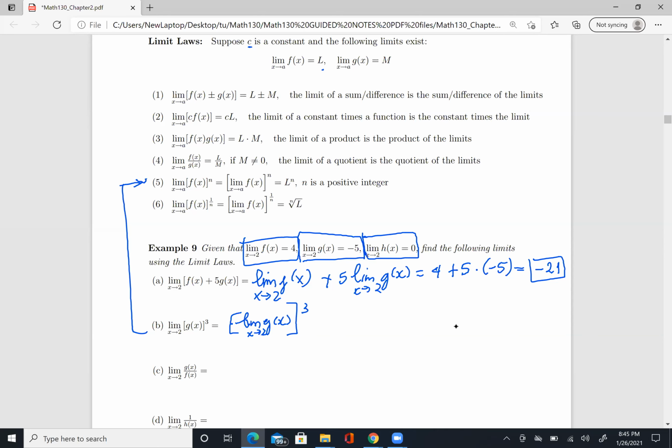So I take the power 3 for this limit, and the limit of g(x) equals negative 5 from the given, then to the power 3. Using your calculator, you're going to have negative 125.